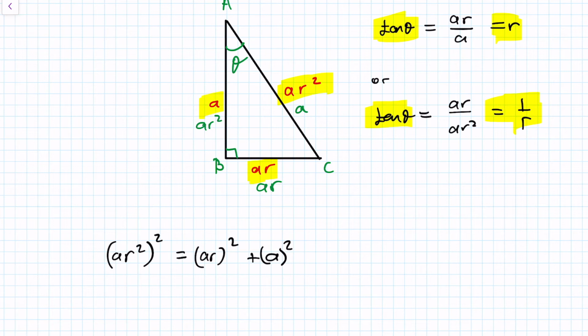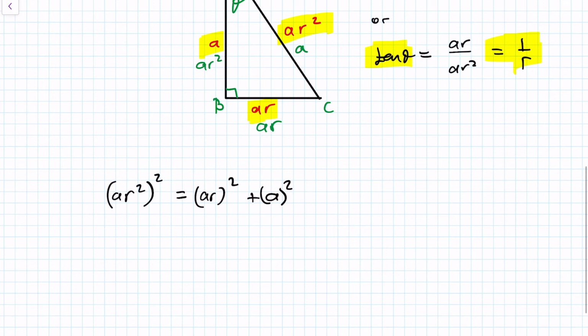Now, if you were to use the green colored lengths, Pythagoras' theorem would give you something slightly different, but because we are now aware that tan is also equal to 1 over R, we can simply take care of that as we're solving this, so we don't have to write two equations using Pythagoras' theorem.